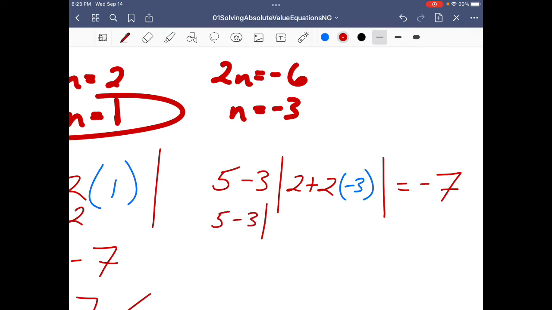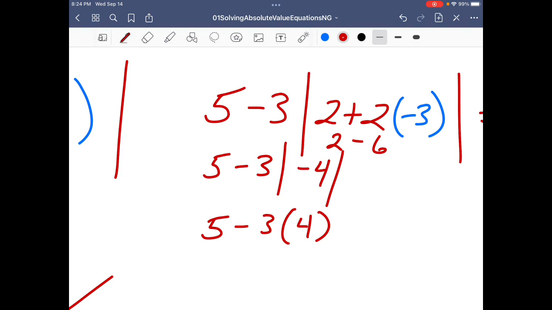You do what's inside the absolute value bars. That's basically 2 and a negative 6, 2 minus 6. That's going to come out to be negative 4. In other words, the absolute value of negative 4. Now, the absolute value of negative 4 actually is just 4. So I can do the absolute value, but when I do that, then I change it to 4.